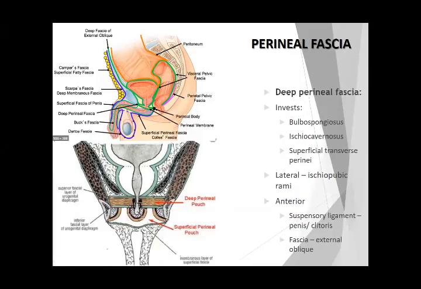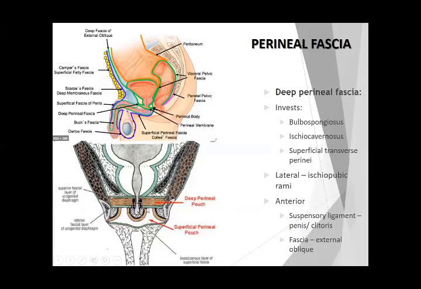Now, let's talk about the deep fascia, deep perineal fascia. The deep perineal fascia invests or covers the, this is the bulbospongiosus muscle and this is the ischiocavernosus muscle.